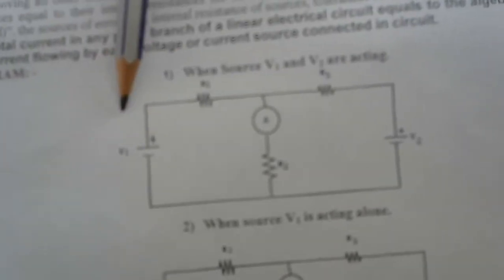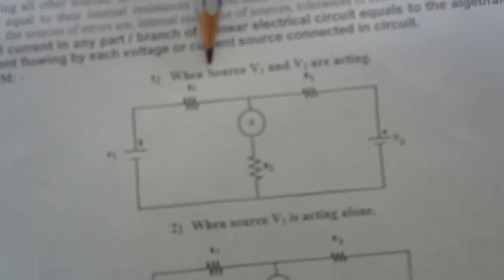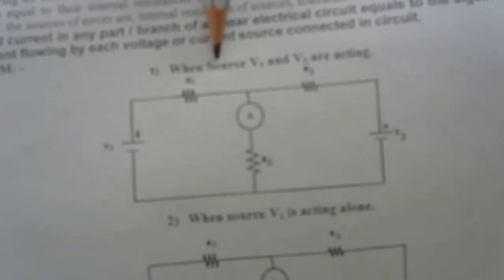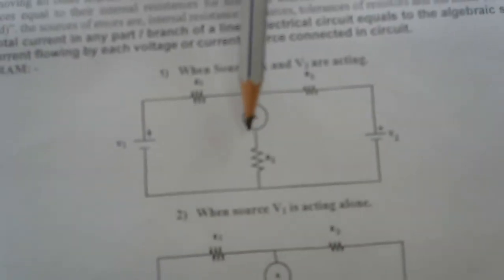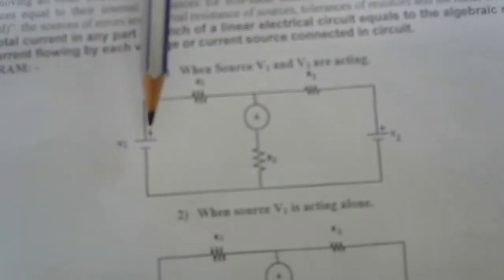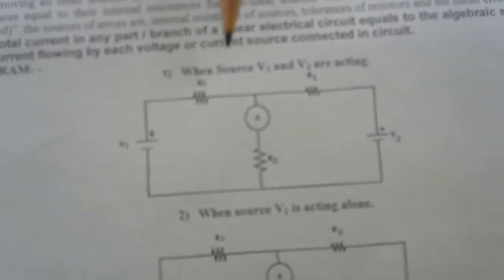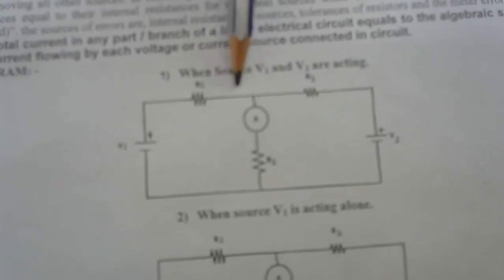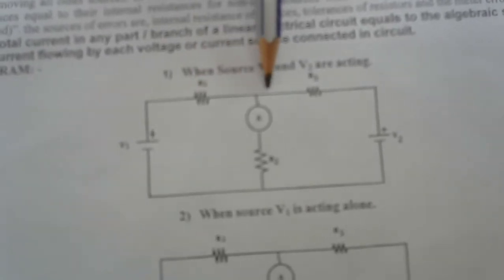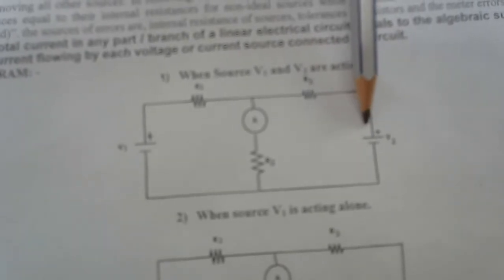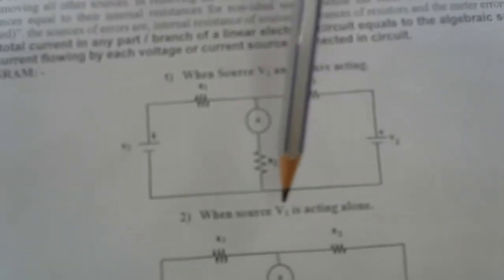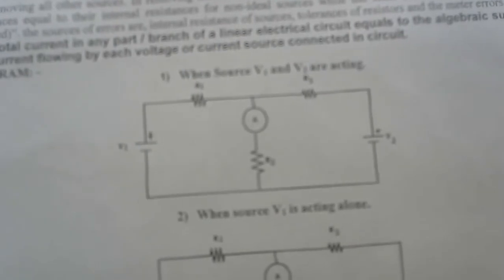The V1 positive terminal will connect to R1. From R1 it goes to the milliammeter, and from the milliammeter it goes to the resistor R2, and then it is connected to the negative terminal of the source. One wire is connected from the milliammeter positive terminal to R3, which goes to the positive of the second source. The negative terminal is again connected to the common one.